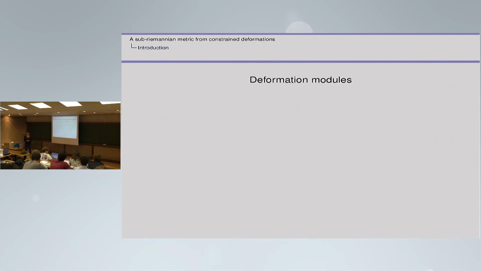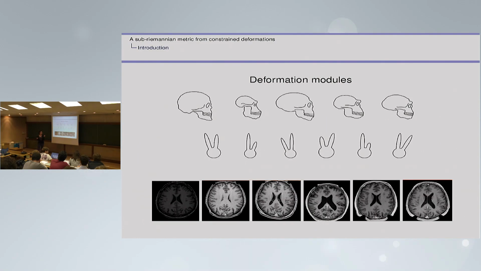So this is what we intended to do, and we defined for that a new structure that we called deformation modules. A deformation module is a structure that is capable of generating vector fields that are of a particular and chosen type, and these vector fields will depend on the geometrical state of the object that you're studying.